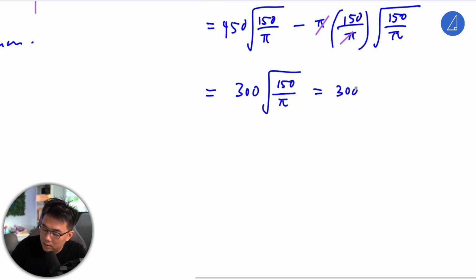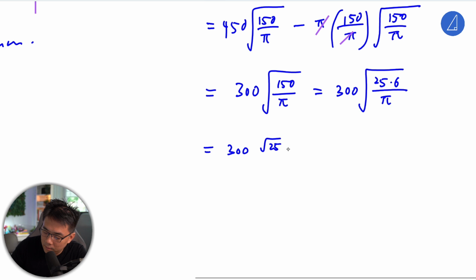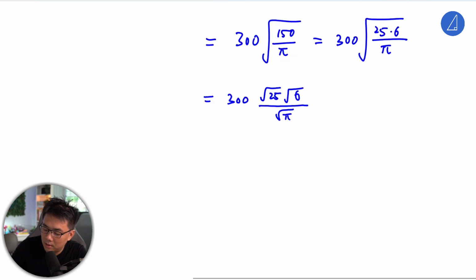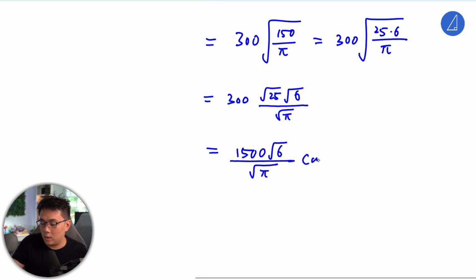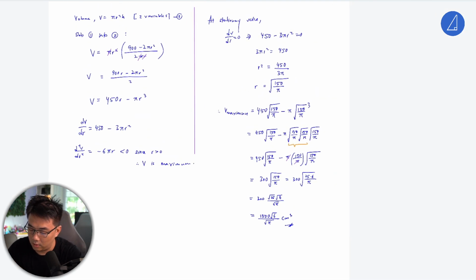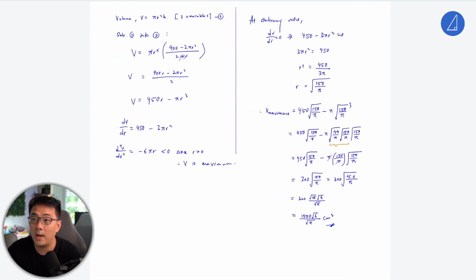So in this case, 300 times square root of 25 pi, so this will be times 5 cubic centimeters. All right, that's how you find V maximum.